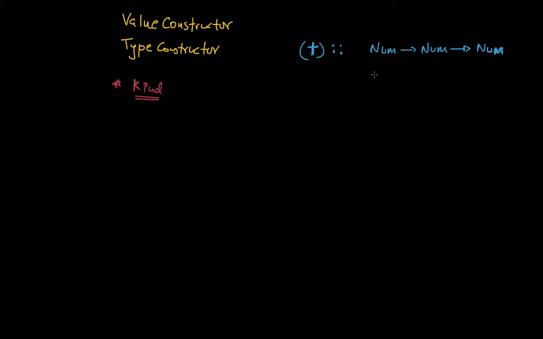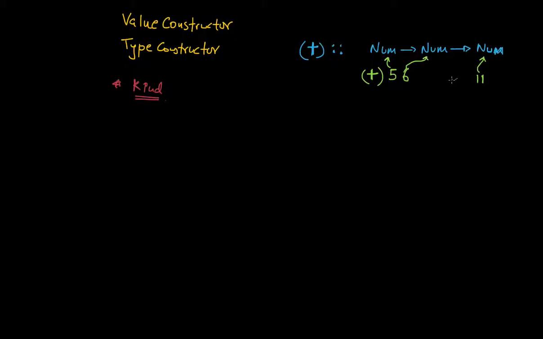One way I could do that is to use the prefix notation. I could say that's my function plus, and I'm going to pass in the value 5, pass in the value 6. This 5 is my first number, 6 is my second number, and the addition of 5 and 6 is going to give you back the resultant, which is 11.